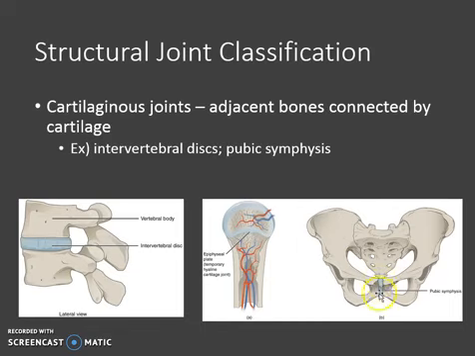The pubic symphysis, for example, during childbirth can relax a little bit to help open up the pelvis to help the baby's head fit through. And then the flexibility of all these different intervertebral discs between all of the different vertebrae allows you to move your spine in different ways.